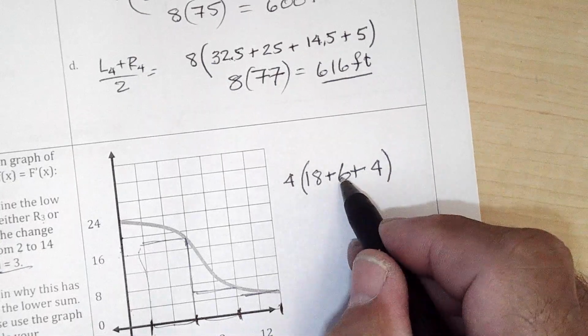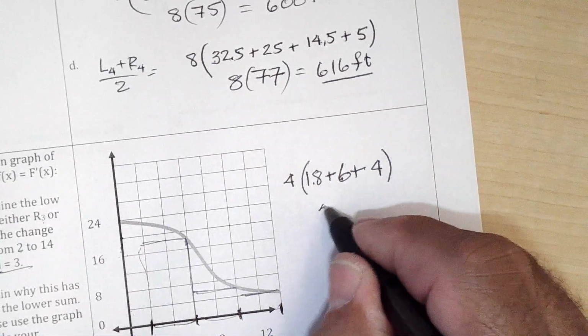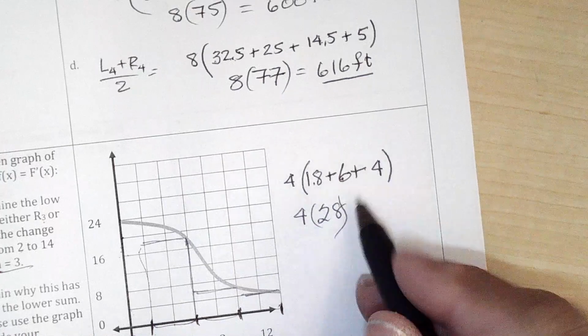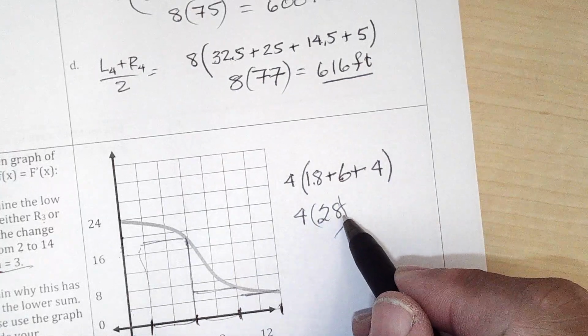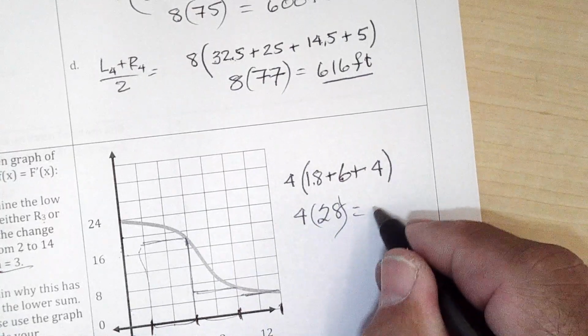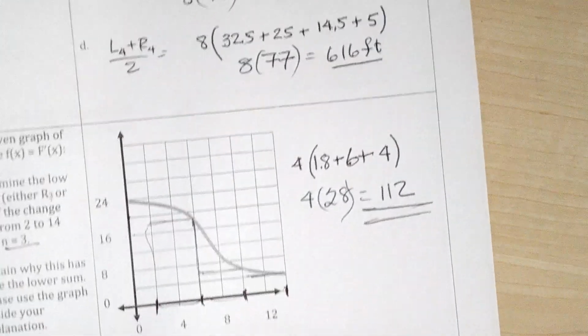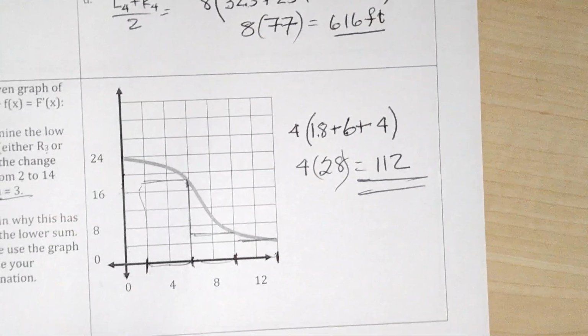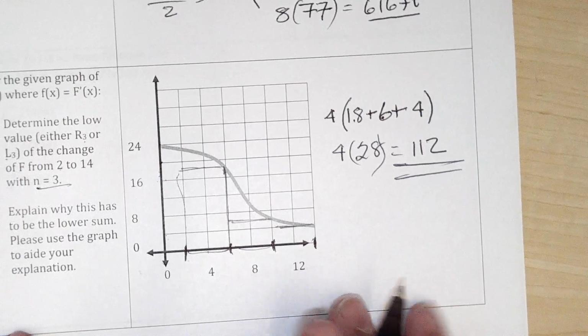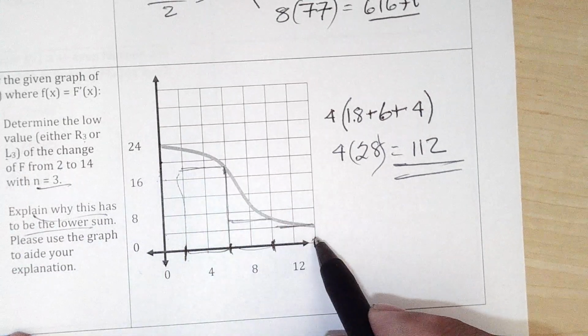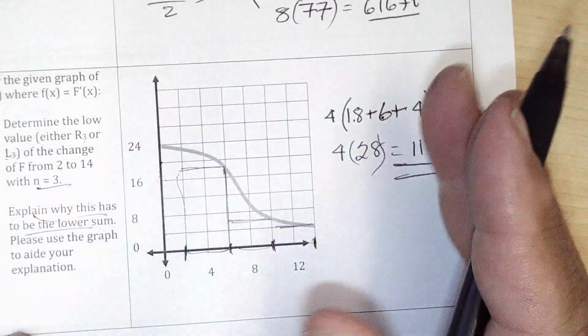So I have 10 plus 18 is 28 times 4, which is 80, and 32, 112. Approximately. And explain why this is a lower sum. On a decreasing graph, the right side will be lower.